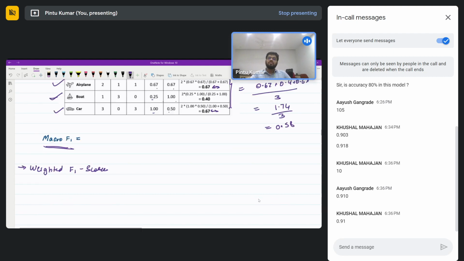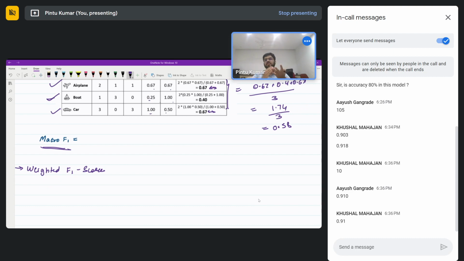Now, based on your application, you might want predicting car to be more important than predicting whether it's boat or aeroplane. For example, let's say somebody created a testing technique which tests for COVID-19 as well as some other respiratory disease, for example, tuberculosis. I'm not sure whether there can be a method which tests these two at the same time.